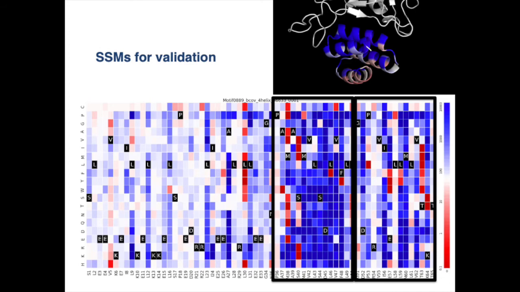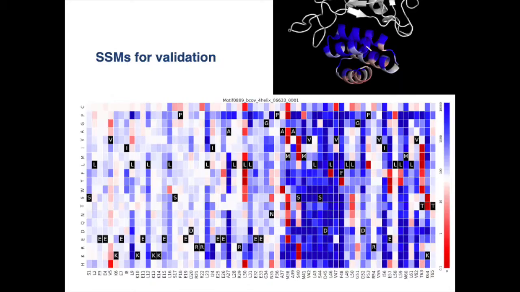For helices 3 and 4 on the right, you can see 2 bars of dark blue area, which correspond to those 2 helices. The whole thing is dark blue because you largely can't play with the residues in those 2 helices very much without breaking the protein, either because it stops binding on the outside of the helices, or because if you make weird mutations to the inside of the helices, the protein will stop folding right.